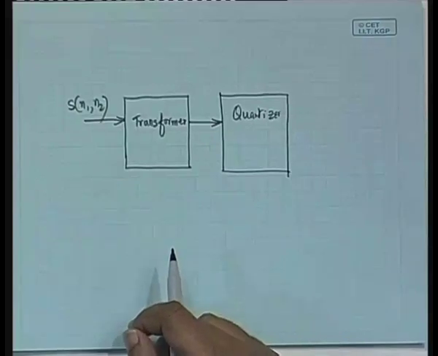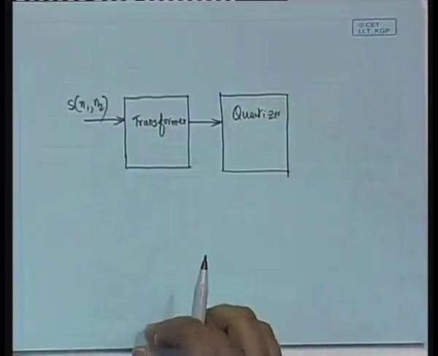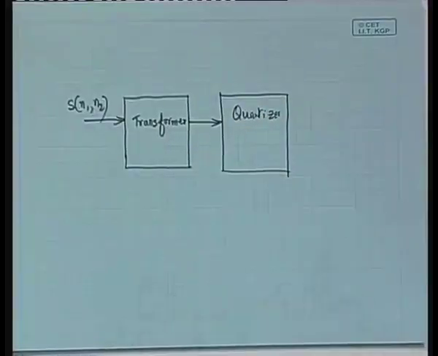So, that is why we need a quantizer which should follow the transformer. And this quantizer should be designed in order to exploit the psychovisual redundancy, and the transformer should be designed to make use of the statistical redundancy.